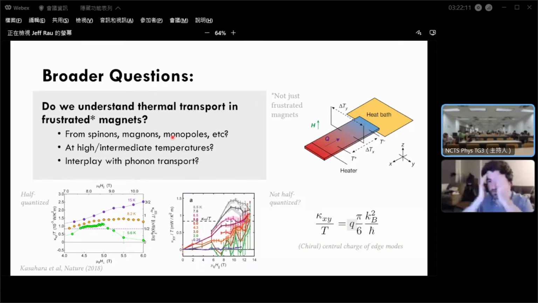Yeah, thank you. Just a follow-up question. So you mentioned this topological feature might be the smoking gun evidence for this Kitaev spin liquid, right? I wonder if this feature also is smoking gun evidence for other spin liquids, such as spinon excitations.